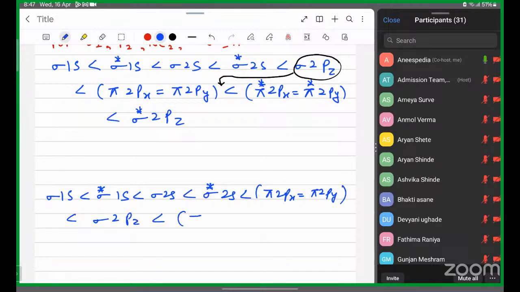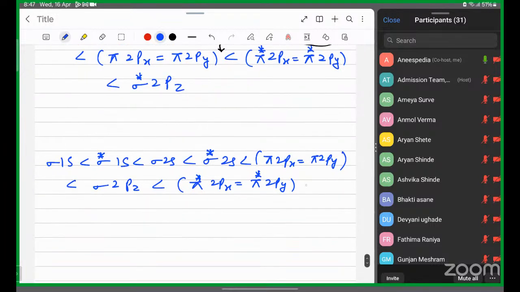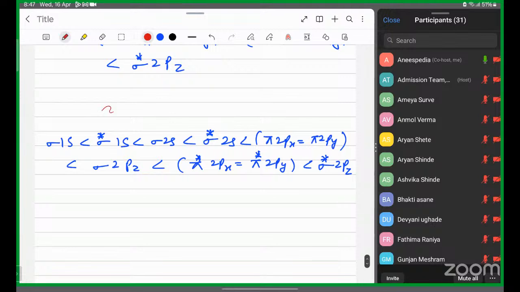After that, we will have pi star 2px equals pi star 2py. And then finally sigma star 2pz. This series will work for the molecules other than oxygen and fluorine. Understood?